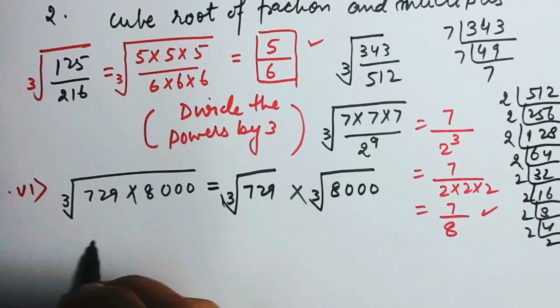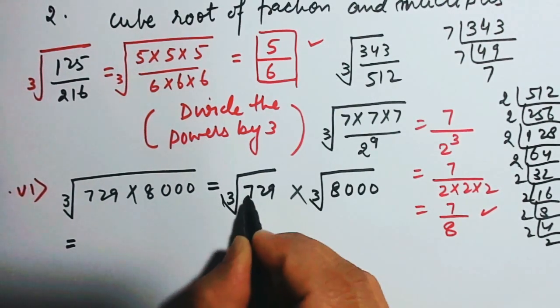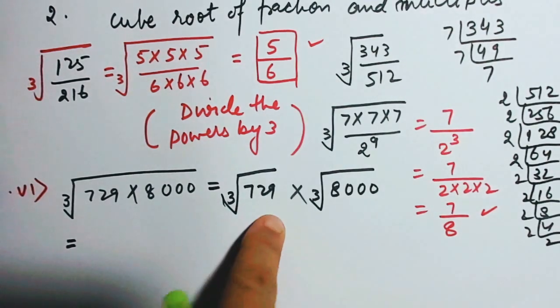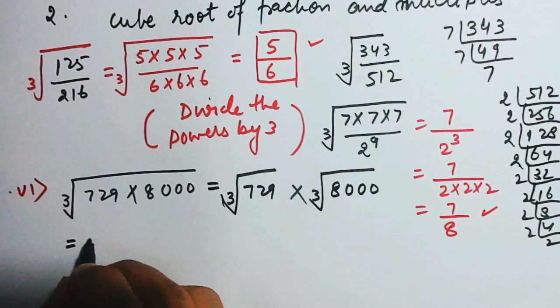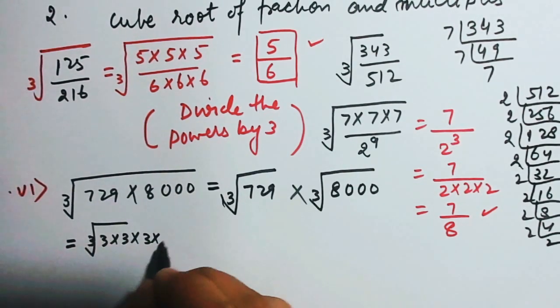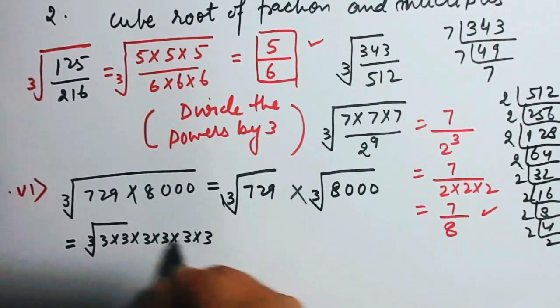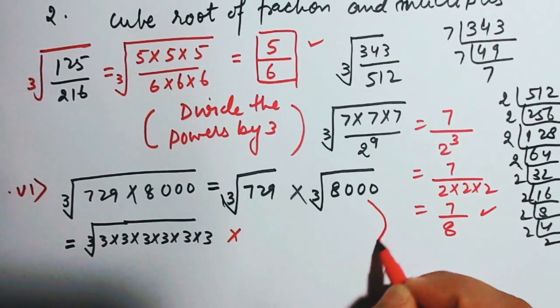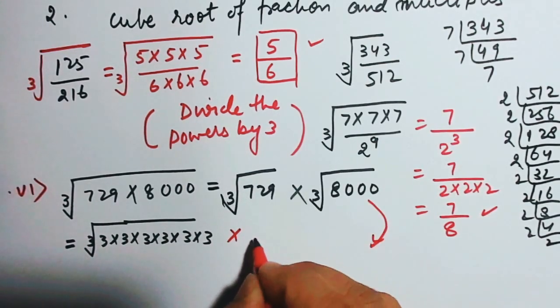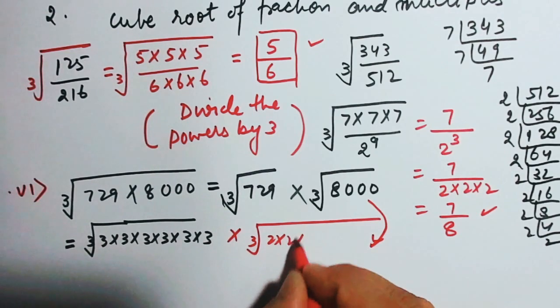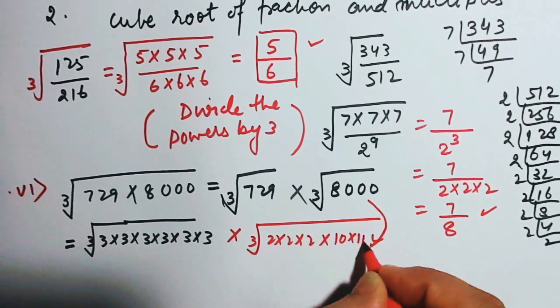Now moving on to the cube root of 729, when you factorize it, what will you get? You will get 3 times 3, again 3 times 3, 3 times 3. This is my 729, while the other number would be the cube root of 2 times 2 times 2 and 10 into 10 into 10.